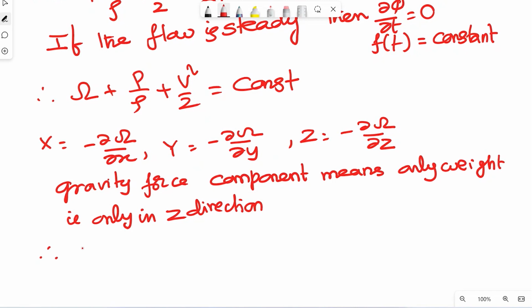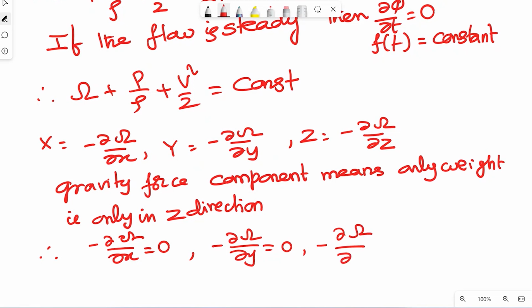Therefore, minus ∂(force potential)/∂x is equal to 0, minus ∂(force potential)/∂y is equal to 0. There exists only minus ∂(force potential)/∂z. This is equal to g. This is actually force potential per unit mass.